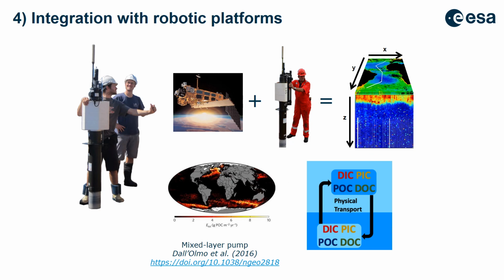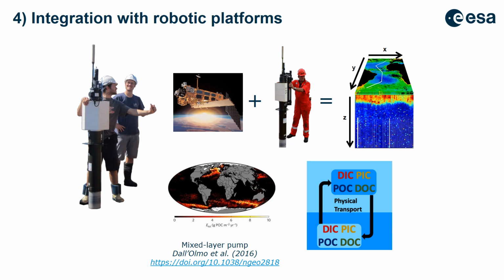So there's a lot of science now going on where they integrate data from these floats with satellite observations in order to paint a better picture of processes related to the ocean carbon cycle. And this is just one example here from a paper from a colleague who looked at fluctuations in carbon to depth driven by what they called the mixed layer pumps.